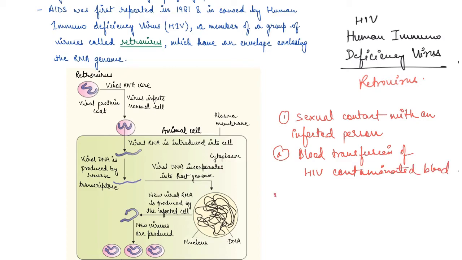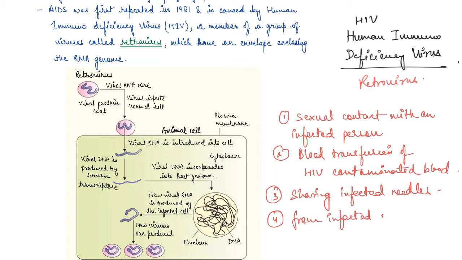Third is sharing infected needles. And fourth is from an infected mother to her child through the placenta. So these are the means, guys, through which HIV can be transmitted from an infected person to a healthy person.